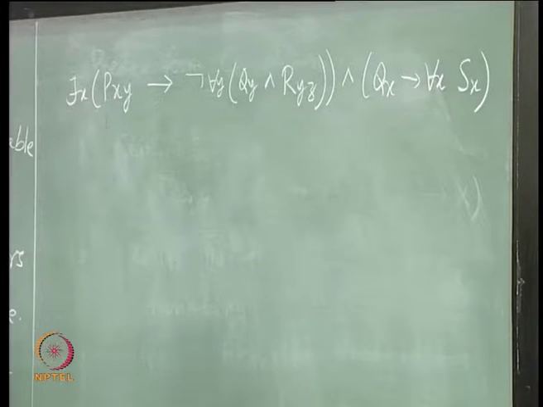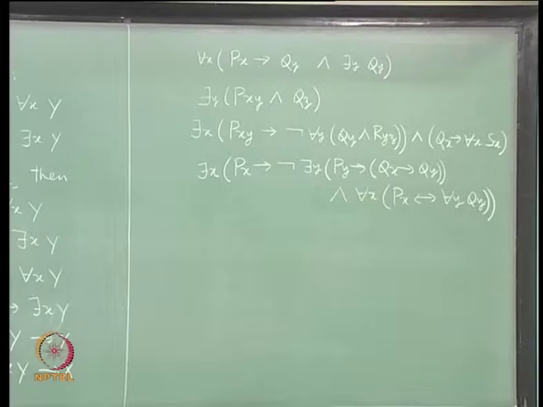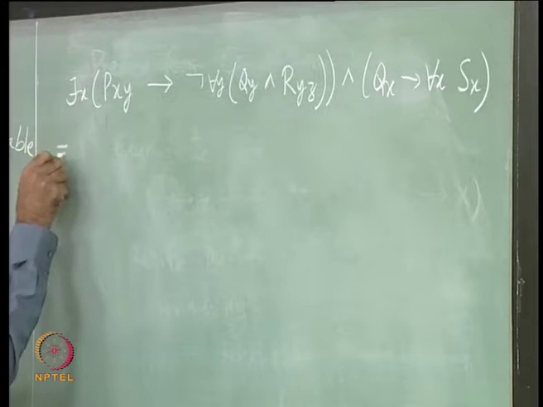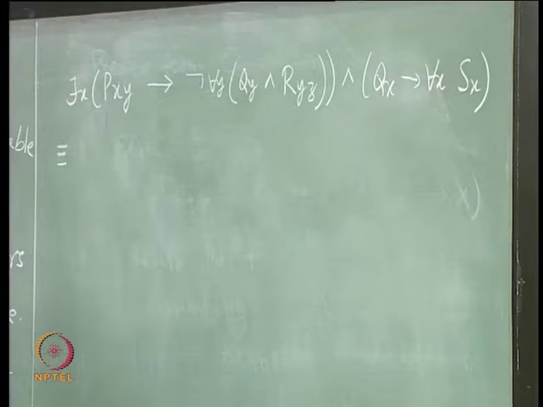Okay. So, we just start with this formula. Now, what our procedure says is, if there is any biconditional, first eliminate it. There is no biconditional, so we pass that step.